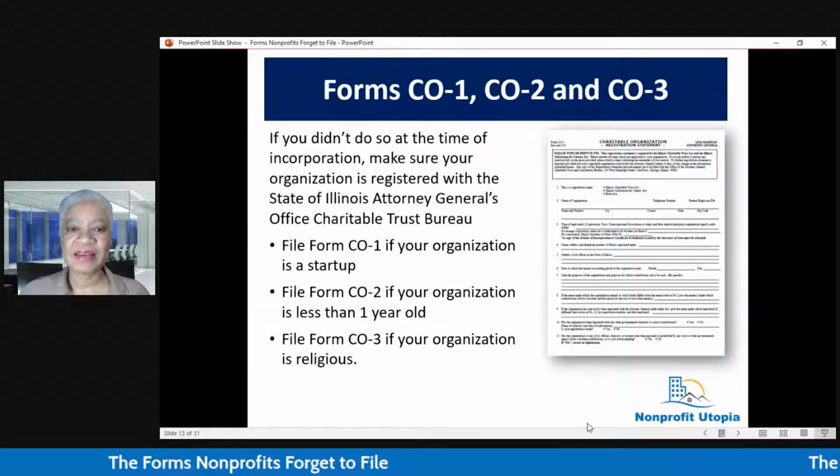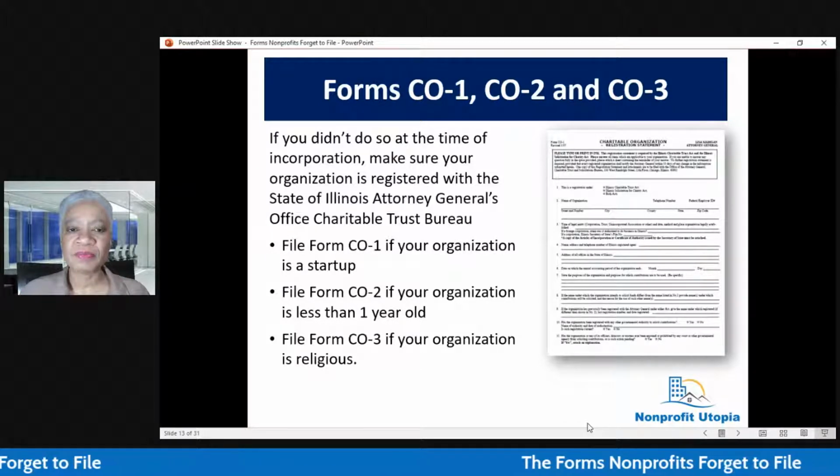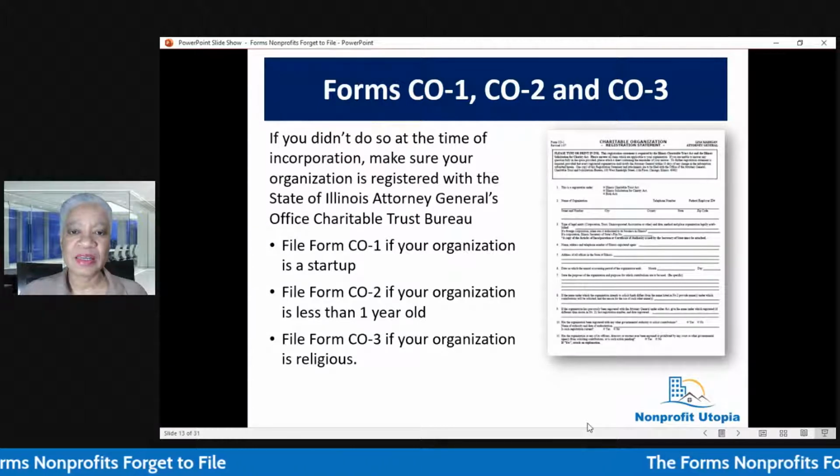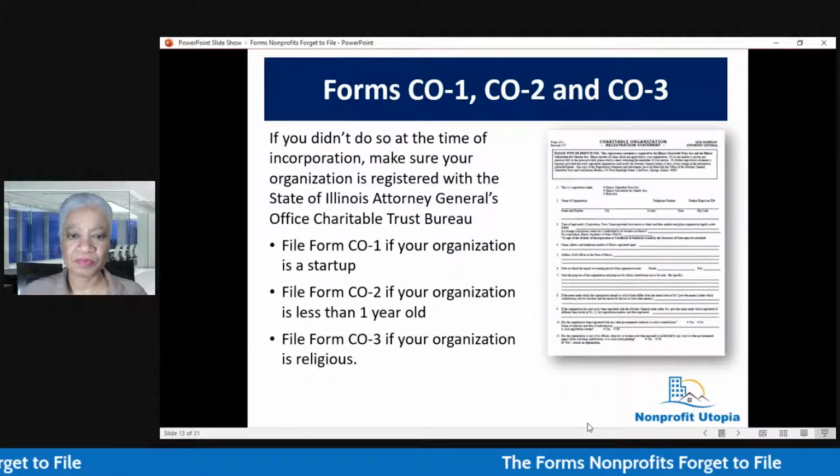Every state has their own requirements, and usually the Attorney General's office in your state is responsible for regulating fundraising for nonprofits.